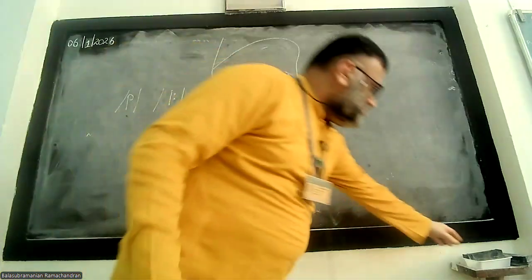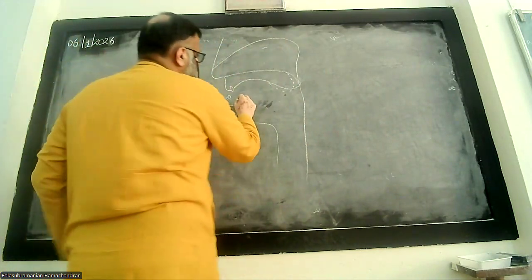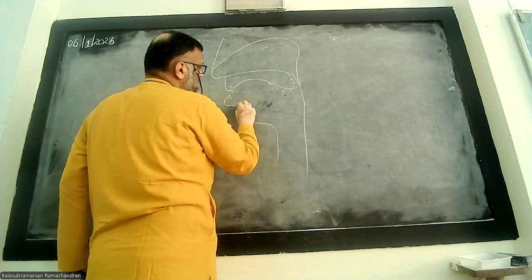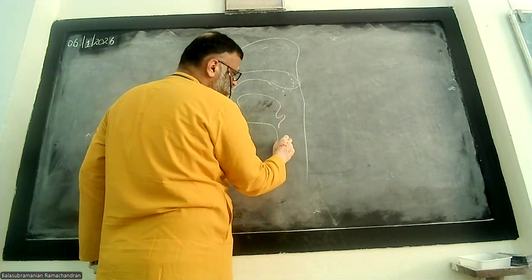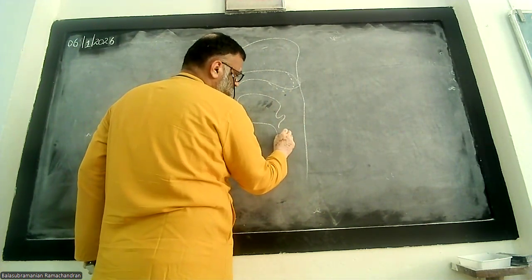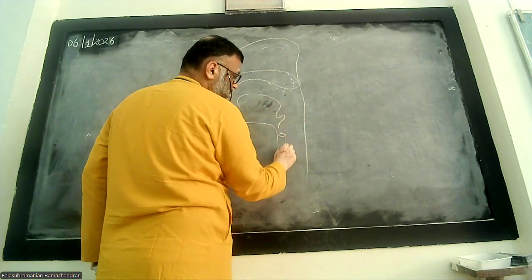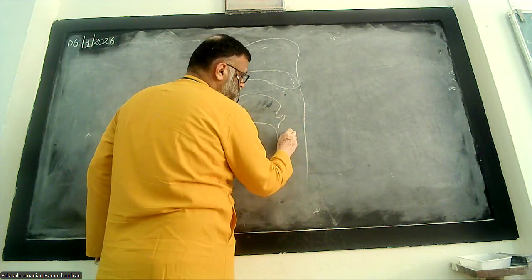So let's begin. Here we have the two lips, the two teeth. Then we have the tongue, epiglottis, and then the glottis, the vocal cords, and of course a bit more.